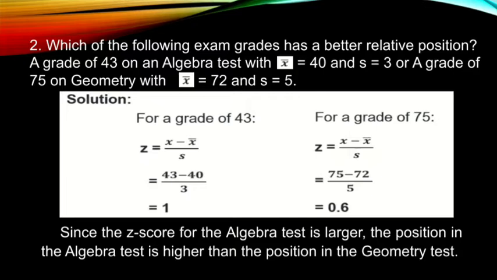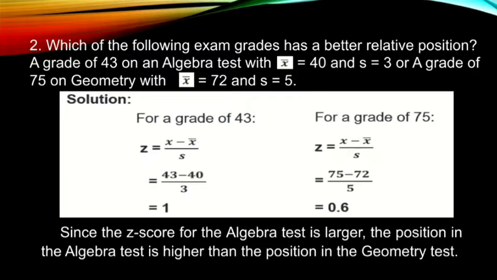So, consistent po tayo sa formula na gagamitin natin, which is the formula of z-scores. Alamin natin kung which exam grade has a better relative position using also the given data.